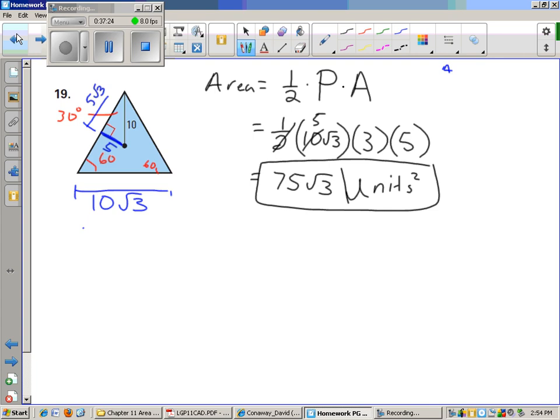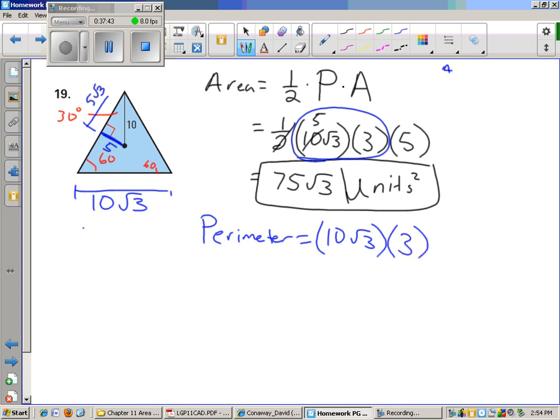To find the perimeter, and I'm finishing up the other one, you guys haven't seen this one, it's basically what we've already done right here. It's 10 roots of 3 times 3 sides, so 30 roots of 3.